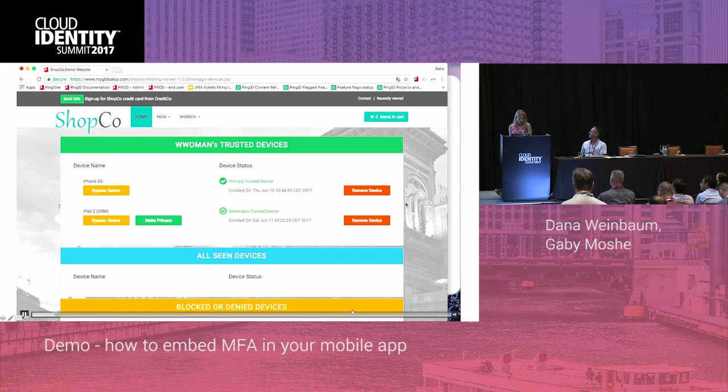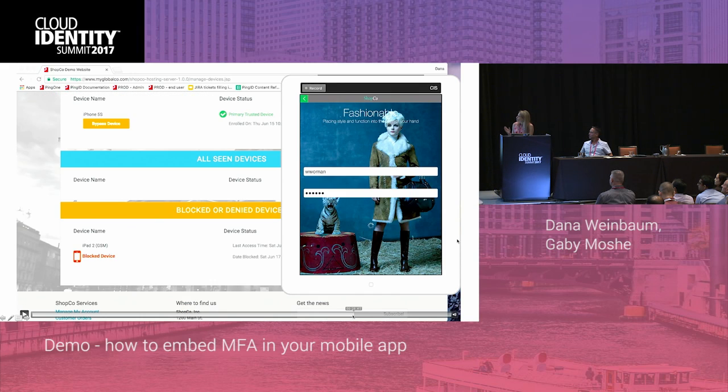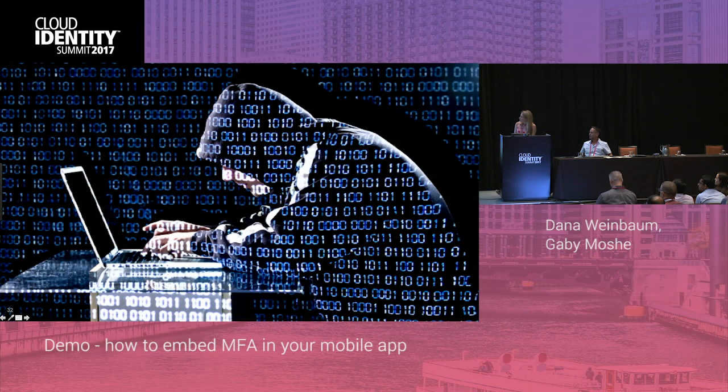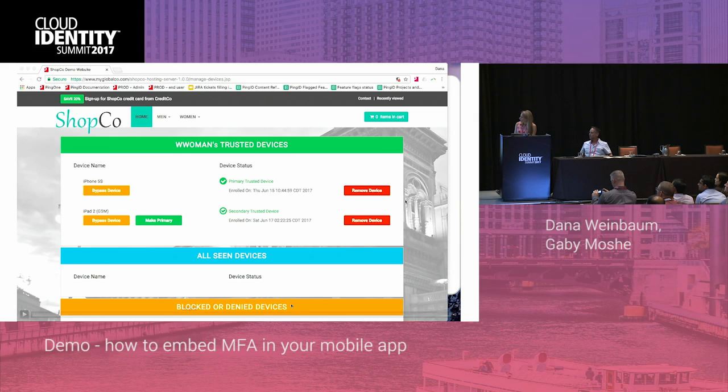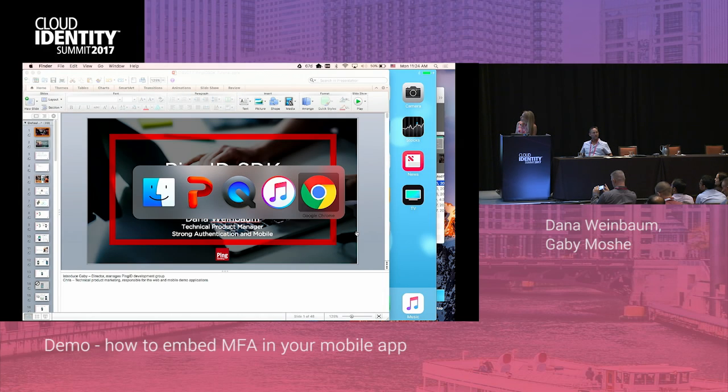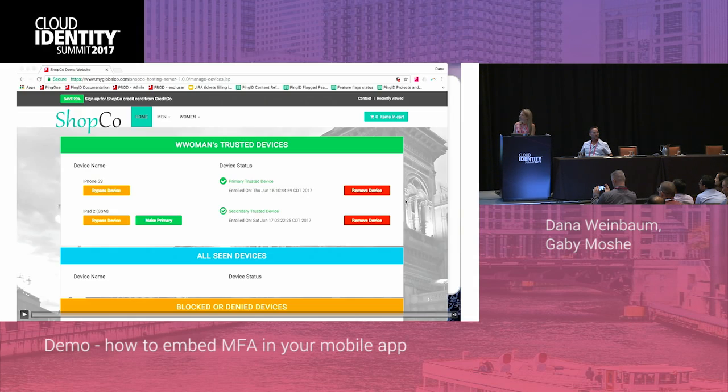Okay. So let's check how Wonder Woman does that. She bought an iPad and she wants to log in from the new iPad, which already has PingID SDK implemented in it. So she logs in from that device, and she will receive a push notification to her primary mobile device asking her to approve that new device.